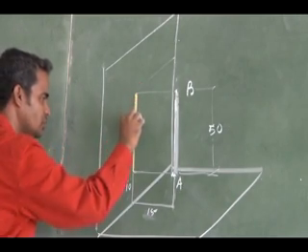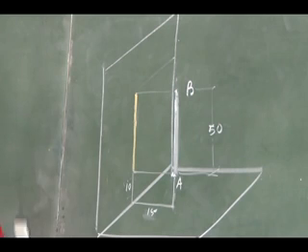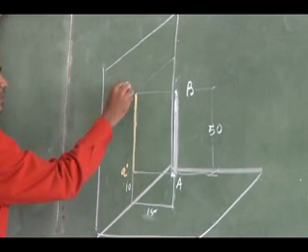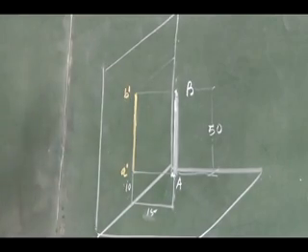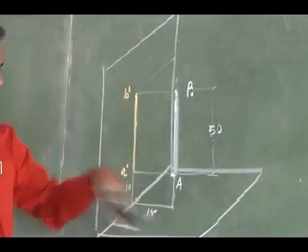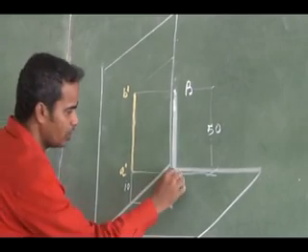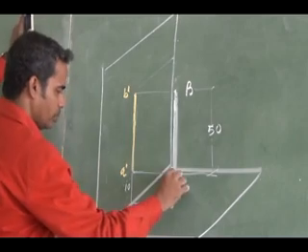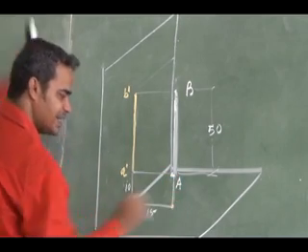What is the notation I give for the front view? This will be my A dash, this will be my B dash. The top view is obtained on the horizontal plane. I can rotate it here. It will be seen as a point.